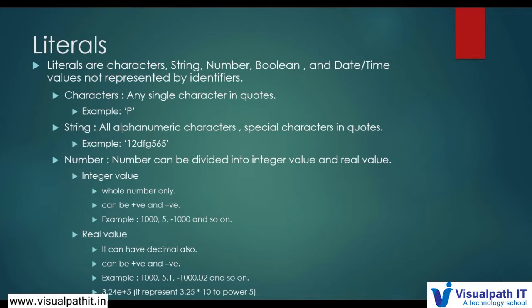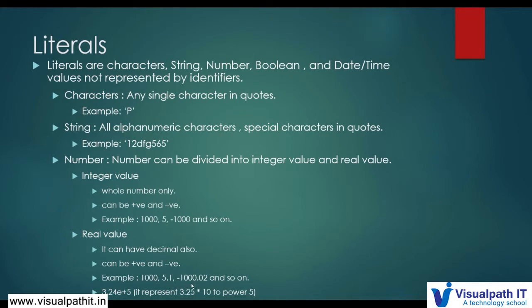The real values can be positive and negative, same as integer values. You'll come to know the difference between integer values and real values with the help of examples. Here 1000 is both a real value and an integer value, but 5.1 is only a real value, not an integer value, because it's not a whole number.